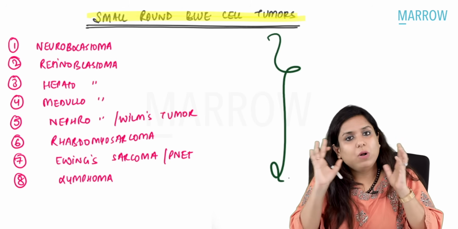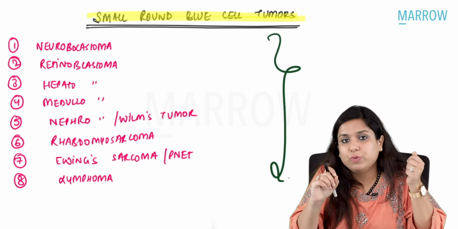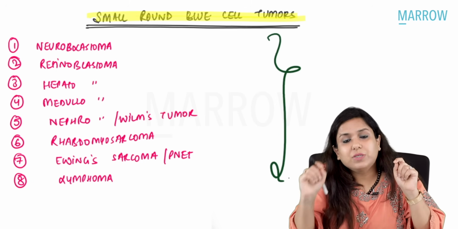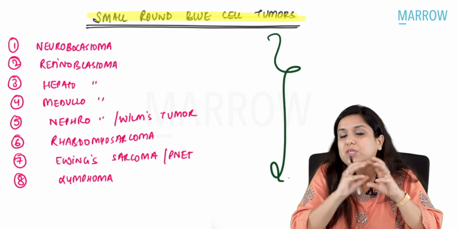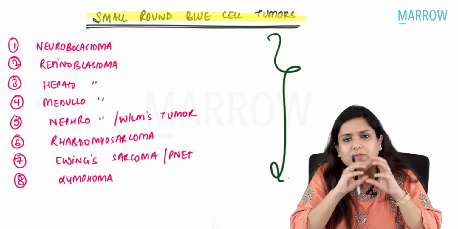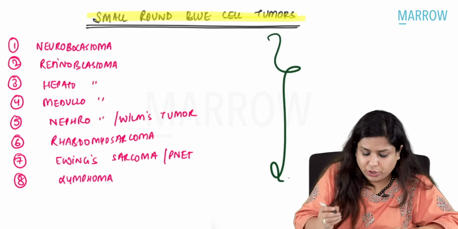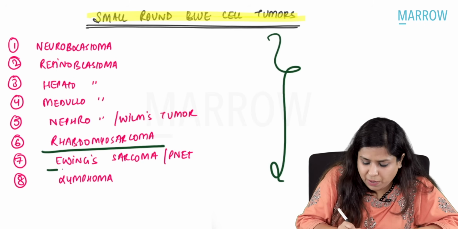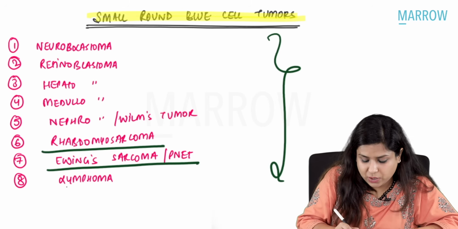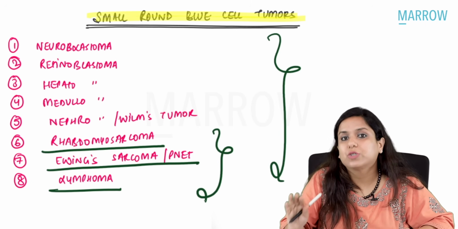That means all the blastemal tumors, and usually in childhood they are small round blue cell tumors. That means when you see them on microscopy, you will see sheets of small round blue cells with scanty cytoplasm along with some flower-like structures which are called rosettes. In addition, rhabdomyosarcoma, Ewing sarcoma or PNET, and lymphoma are also small round blue cell tumors.